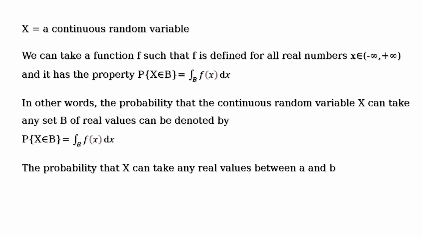So, the probability that X can take any real values between a and b can be denoted by probability a less than or equal to X less than or equal to b is equal to the integral of fx dx over the limits a to b. Now, let's look at an example.